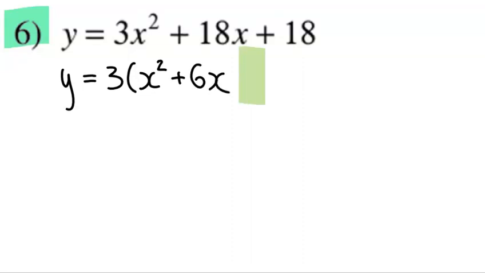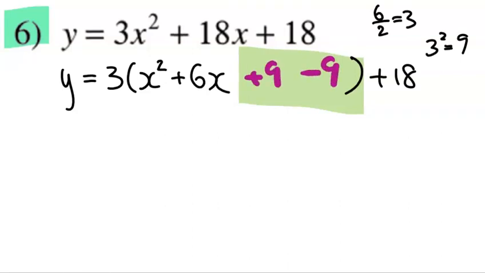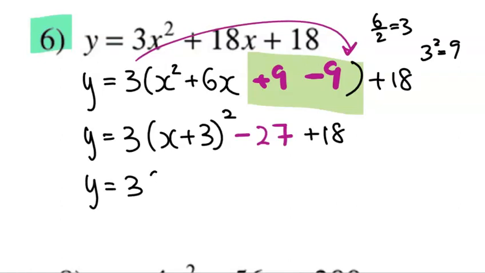And I'm going to leave a big space here for whatever that might be, plus 18. 6 divided by 2 is 3, and again 3 squared gives me 9, so that's really the same here, plus 9 minus 9. 3 times the -9 gives me -27, plus 18, simplified, gives me 3 times x plus 3 squared, and minus 9.